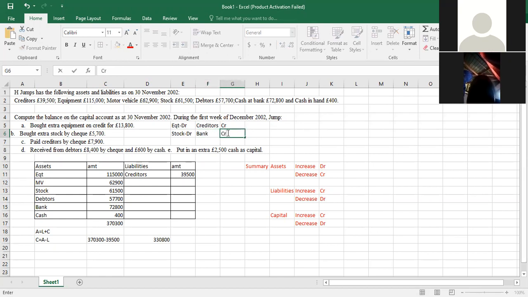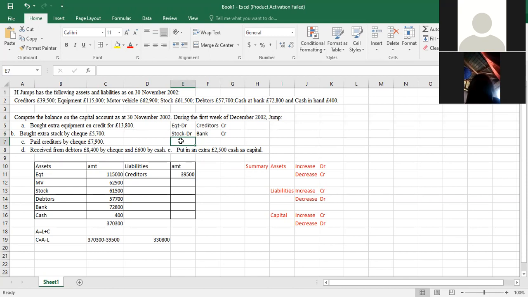So we are going to credit. So you can see a case where assets are appearing in one sentence. We are buying stock by check. Our stock is increasing, we debit. Our bank account is decreasing, we credit. Because you said when assets decrease, they are supposed to be credited. Are we there? We go to the third one.